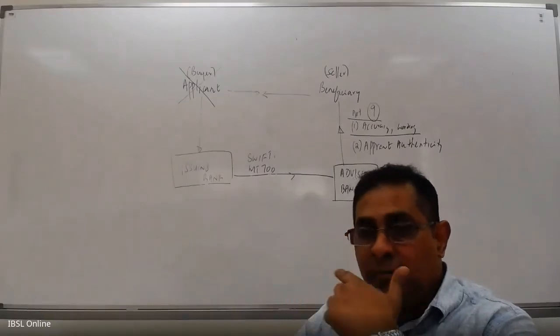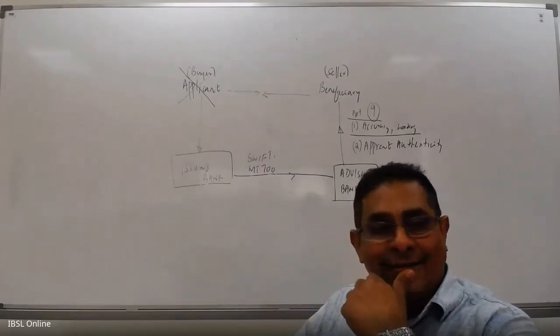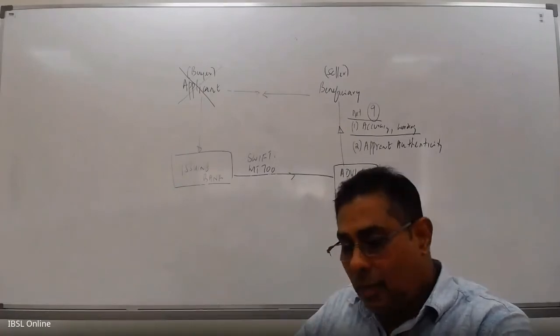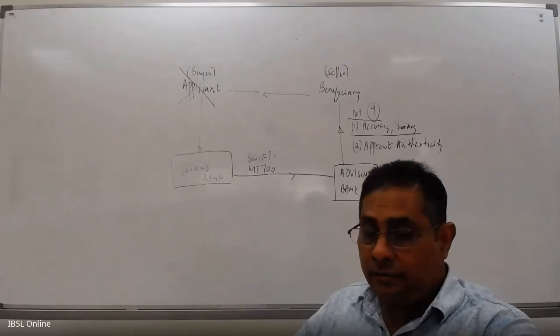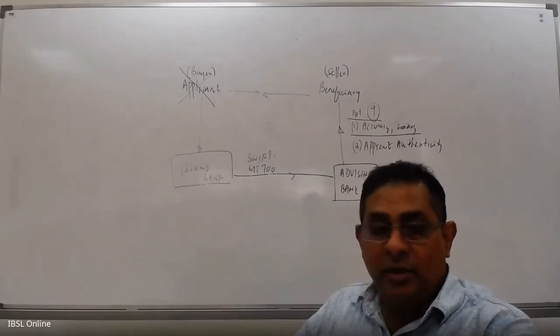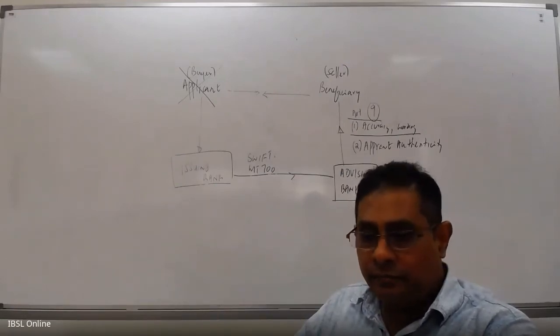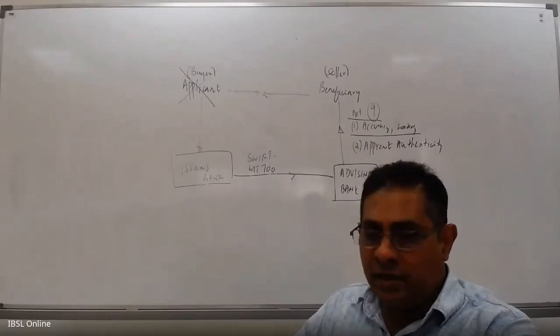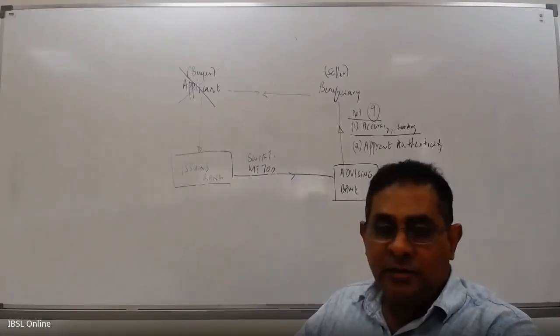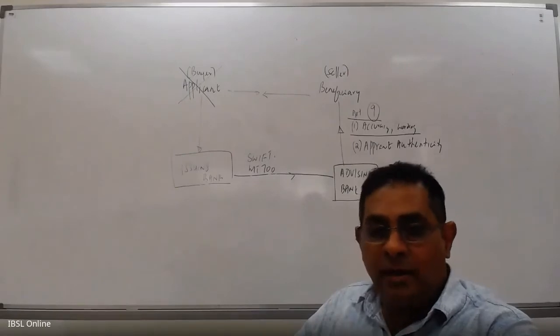Within parentheses, say unless it's a domestic letter of credit. A domestic letter of credit means both parties, the applicant and the beneficiary, are in the same country.